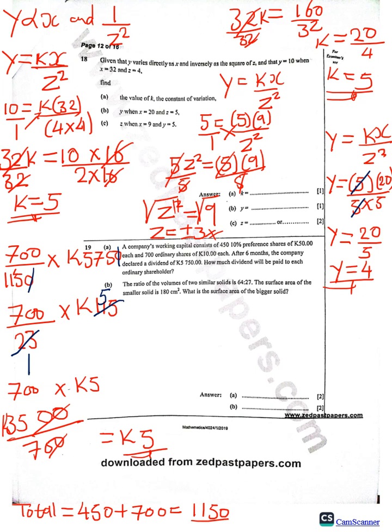What is the surface area of the bigger solid? Okay, so here we have a small to a bigger. For the small we go with 27, then the bigger one we go with 64.